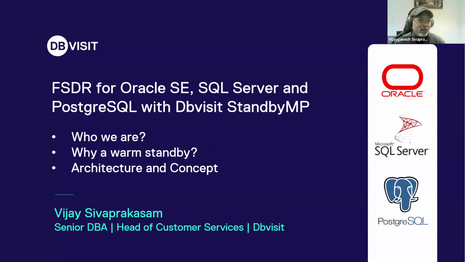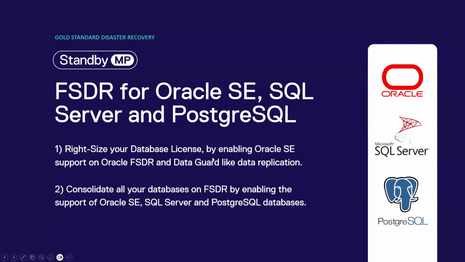So in my presentation, let's look at initially who we are and why we need a standby database or a disaster recovery for Oracle or SQL Server or Postgres, and also the architecture and concept of how to integrate Dbvisit with FSDR as well. So for FSDR for Oracle, SQL Server and Postgres, this is a very important concept here.